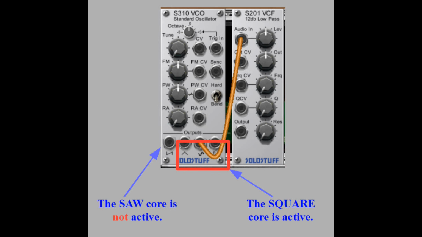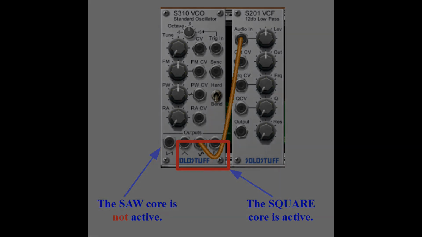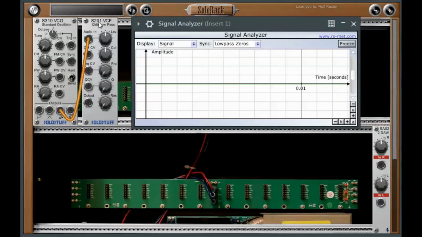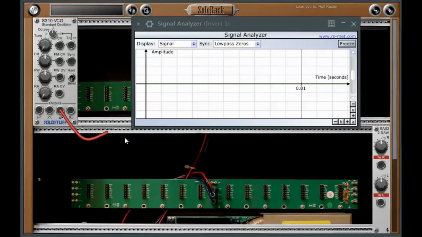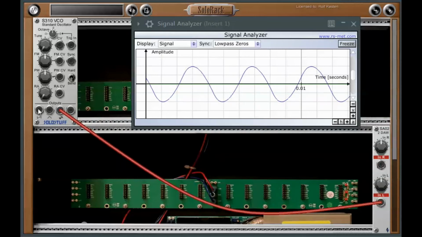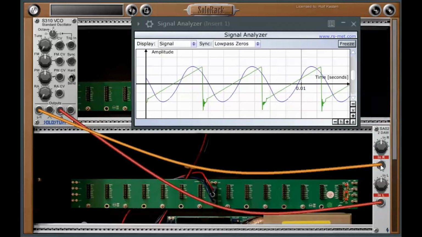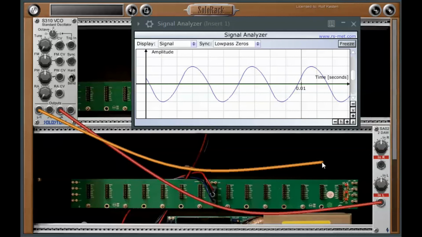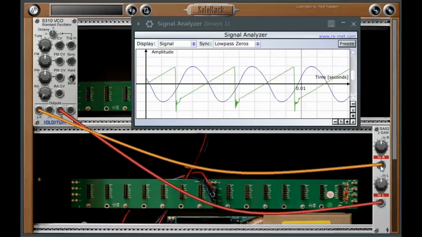Oscillators and oscillator cores are switched off to save CPU resources when they are not used, meaning when their outputs are not connected to anything. But this implicates that their phases are not synchronized. Every time I connect a core anew, its phase will be different. Please watch the saw wave jumping around every time I disconnect and reconnect the saw core.